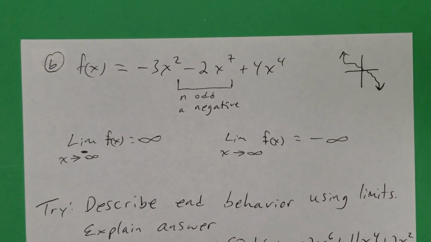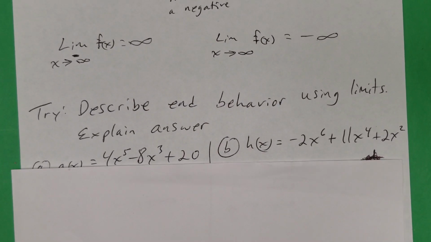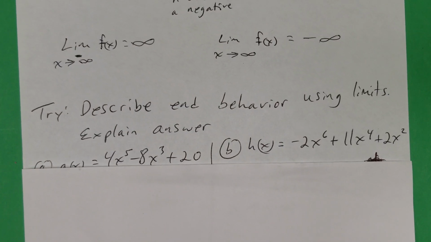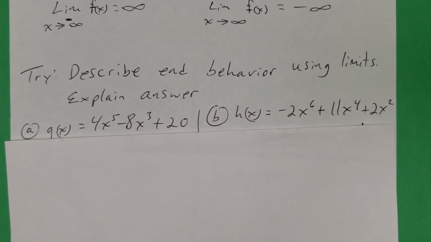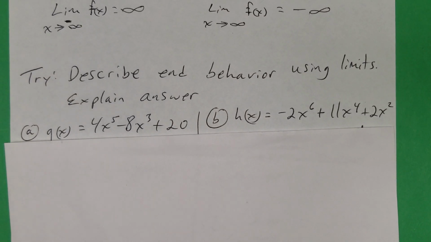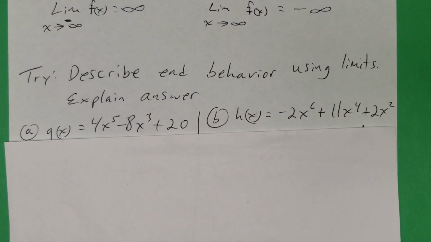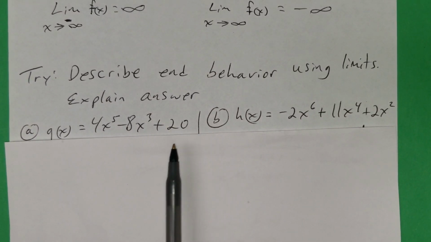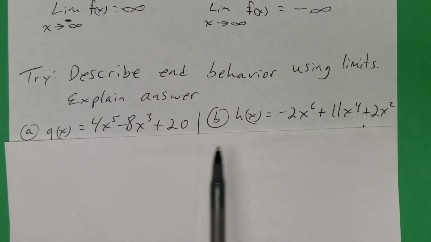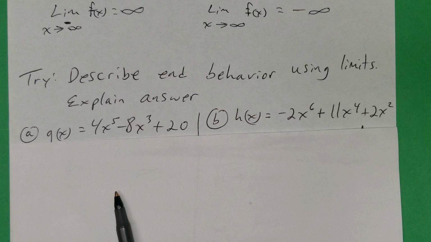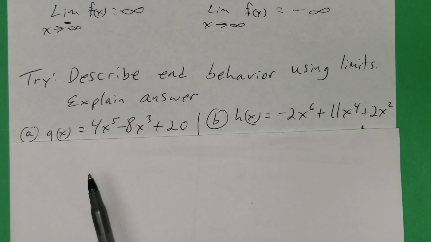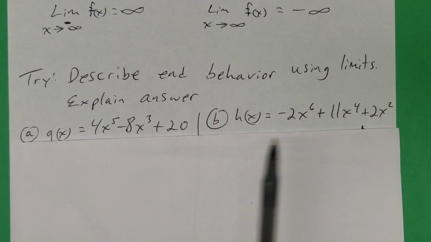Could you try these two problems? Try these two problems, and we'll start the lesson next time I see you with these two problems. So be careful, right? You look at the highest power, so you determine if the power is even or odd, and the coefficient, the number in front of it, if it's positive or negative on both of them.